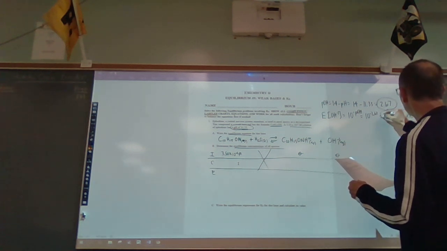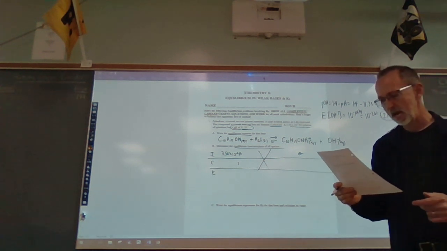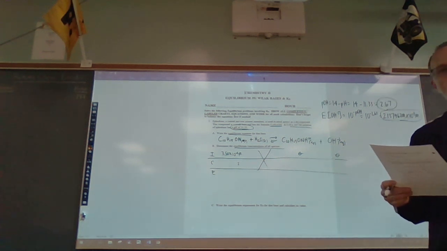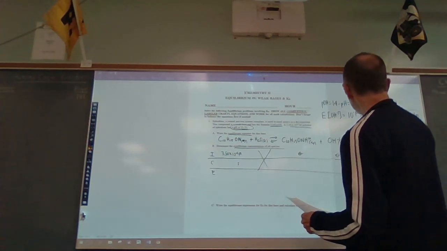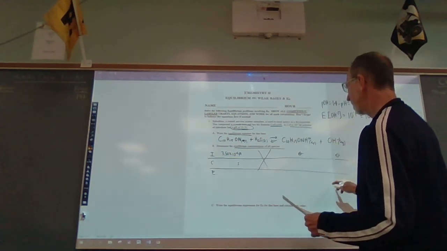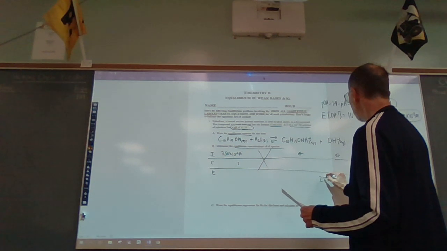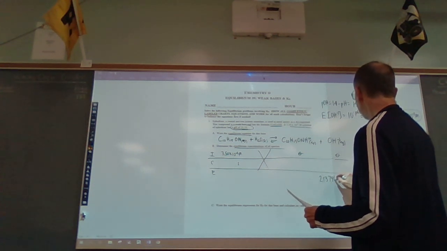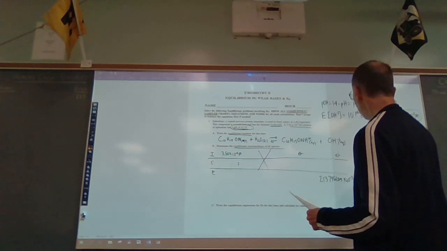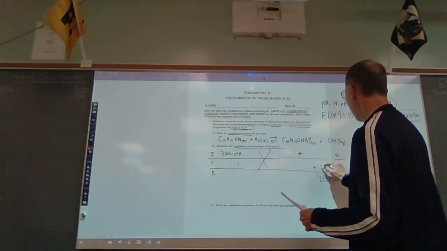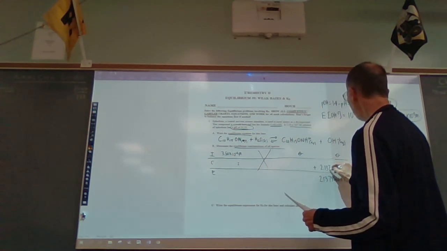Now notice I didn't round that because we don't round in the ICE chart, but when we give our answer, we can round it. So this is our equilibrium hydroxide, 2.13796209 times 10 to the minus third, which means that's how much we added here, same amount.